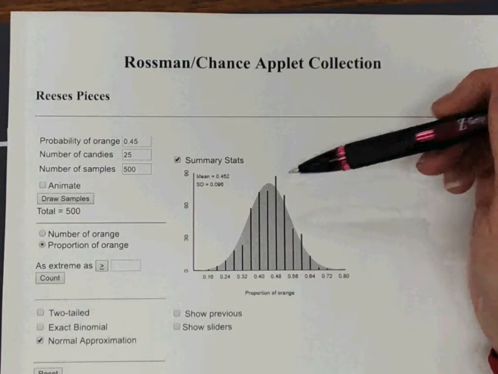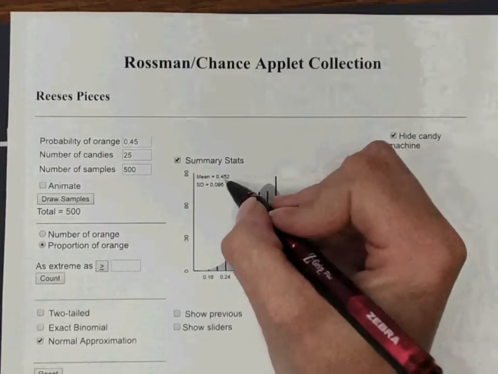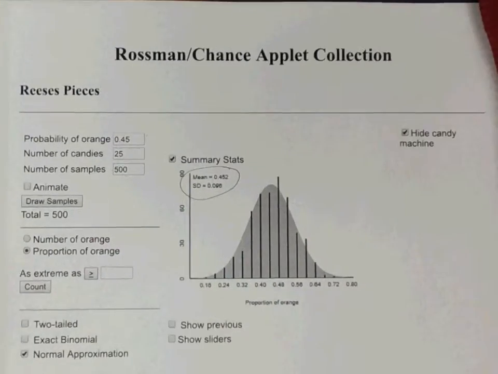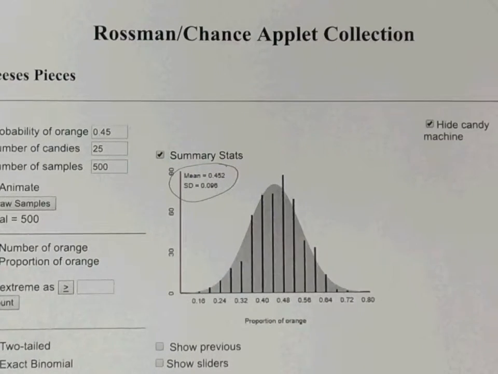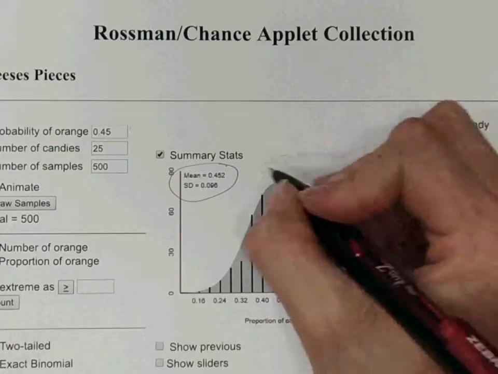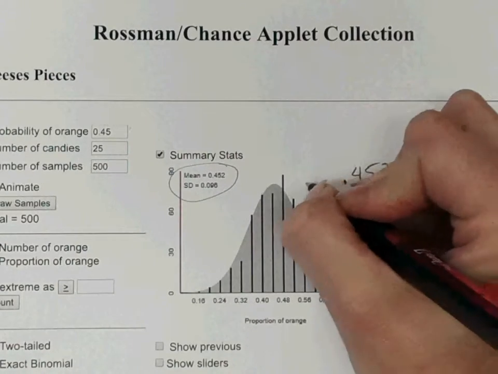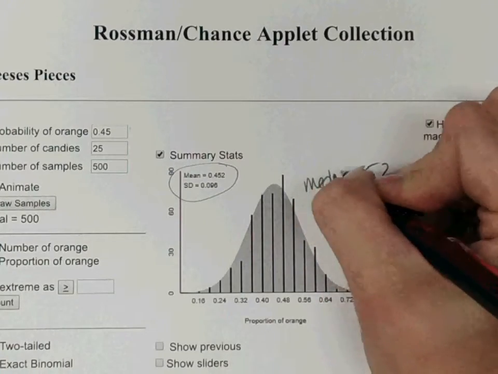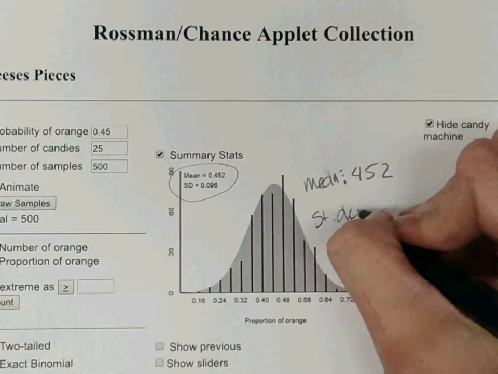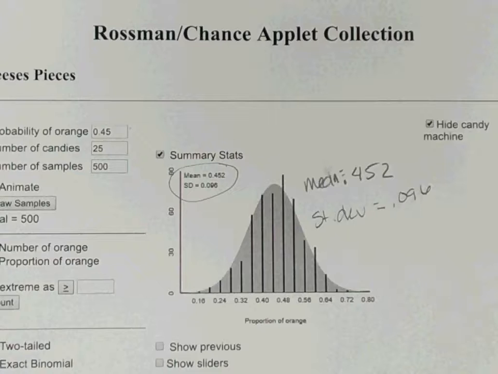For part G, it wants you to record the mean of our p-hat values and the standard deviation. That's these values right here. So the mean of our p-hat values is 0.452, and then the standard deviation is 0.096.